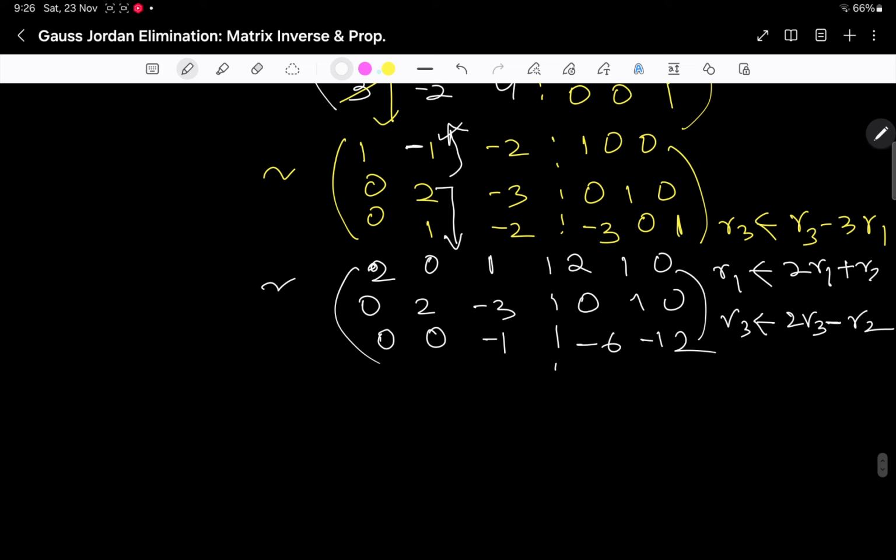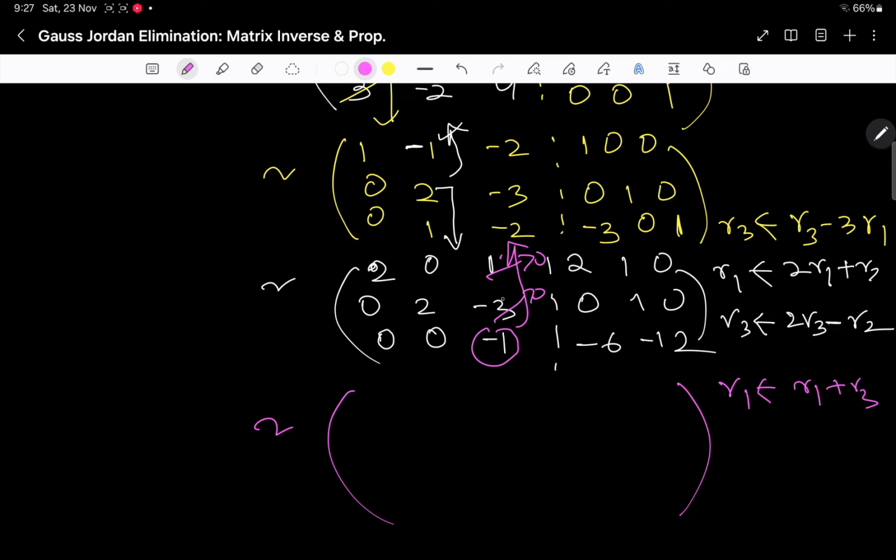The next step is to use this to bring this item 0 and this item 0. Now R1 is replaced by R1 plus R3, and R2 is replaced by R2 minus 3 R3.